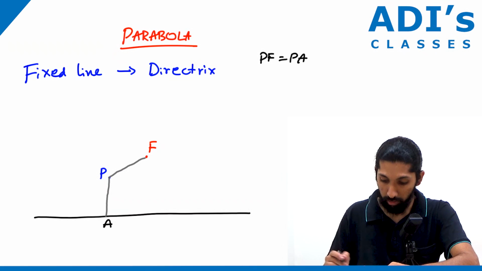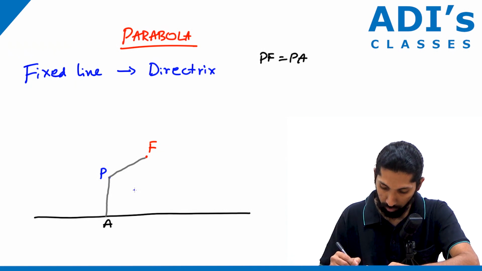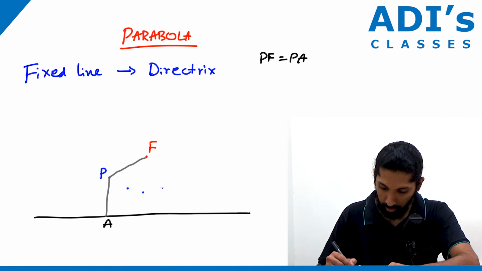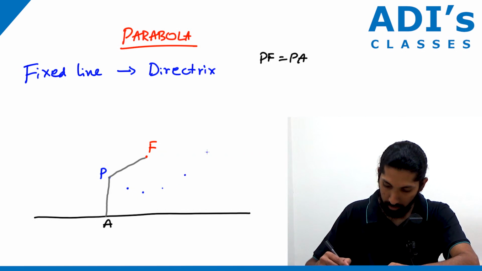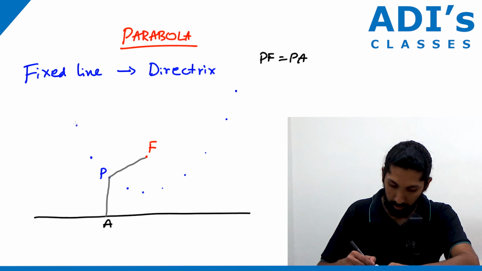Let's say the point P comes somewhere over here, then somewhere over here. Maybe it can come somewhere over here, more like a midpoint. Then it keeps on going like this, and here also it moves like this.